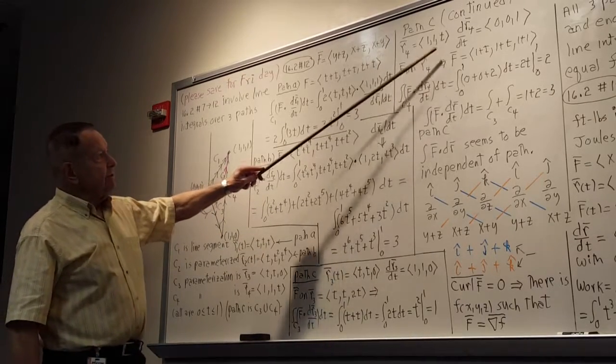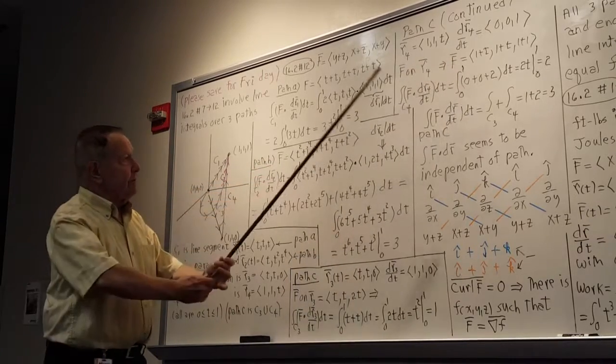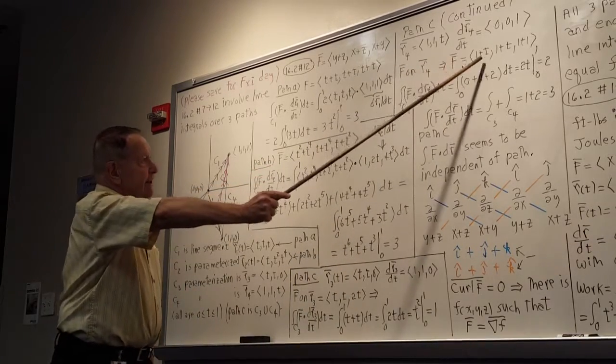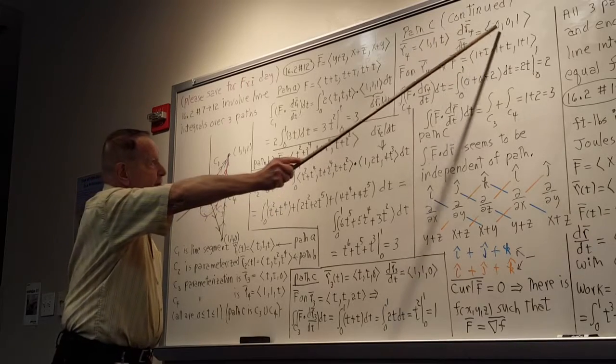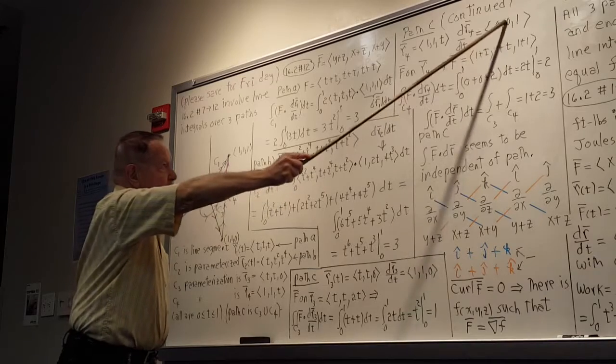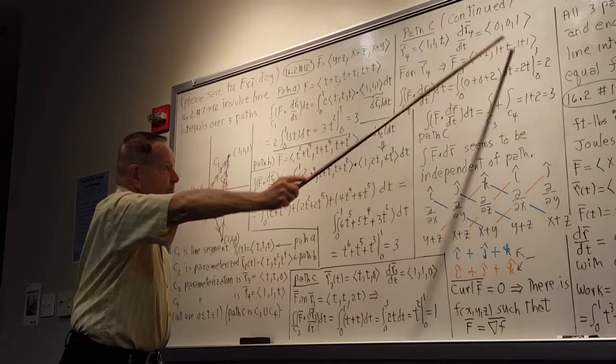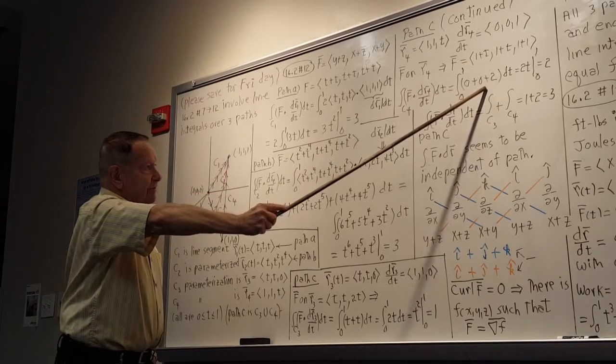And so you do the dot product here of the parameterized F with the dr/dt, and you have 0 plus 0 plus 2, 1 times 1 plus 1, which I have here.